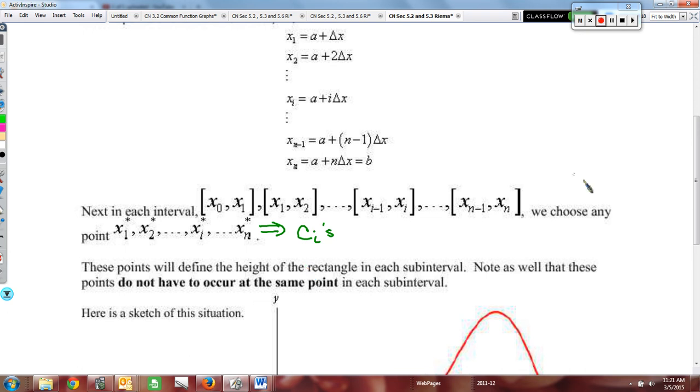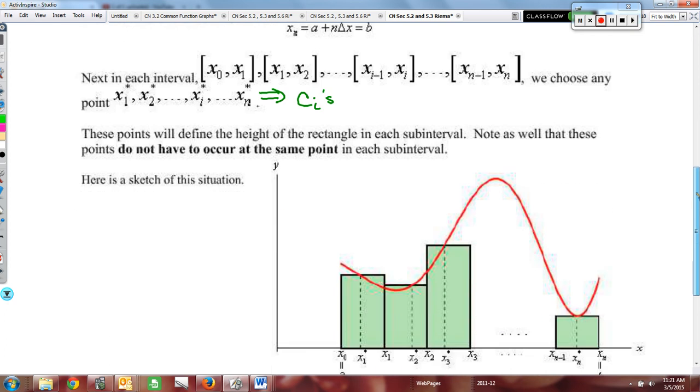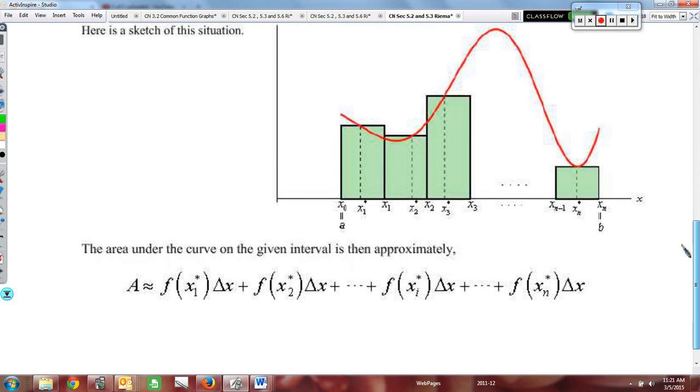They don't actually have to occur at the same point, but for ease of convenience in our calculations, we may decide to choose these c sub i's to be the right endpoints. If I take the height times the width of each rectangle and add them up, I would get an approximation of the area.